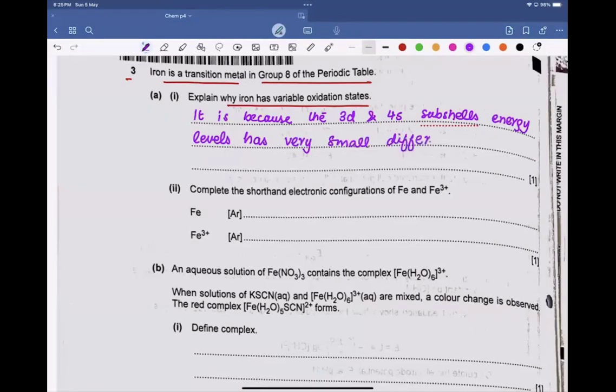As they have a very small difference, the electron can be lost from either of them, so that's why it forms a variable oxidation state. It has a variable oxidation state.